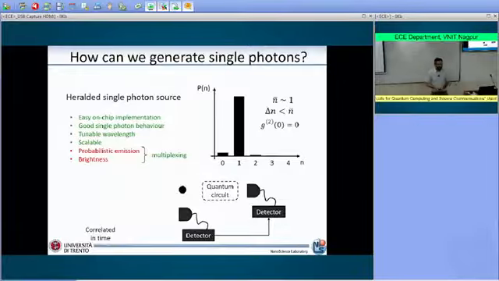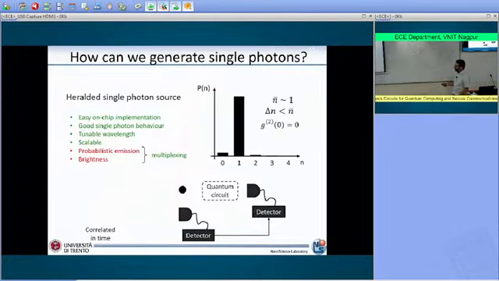Okay? And therefore, in order to make these heralded photon sources, what I do need is to have an entangled photon pair. So I do start with an entangled photon pair, I do measure one photon in the pair, and then I use the other photon as the single photon that has been heralded by the measurement of the first one.